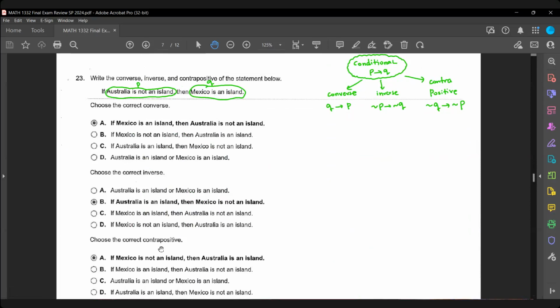And then lastly, it wants us to find the contrapositive of this conditional. So we are going to swap the order. So it will read, if Mexico is not an island, then Australia is an island. Okay, so just make sure that you look at the definitions that I provided here or something like example number 23.